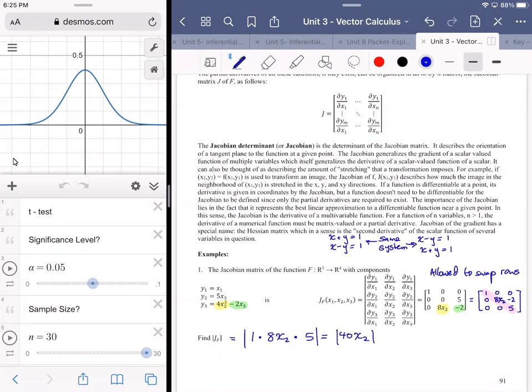I'm just doing it in my head right now, but it's definitely negative 40x2 if you do it across the first row, in which case you drop the negative anyway, or you leave the negative and throw some absolutes around. Either way. So that's a little modification of an example, just so you can see how some nifty linear algebra concepts could come into play and be somewhat helpful. I always feel bad throwing that stuff out at you on the fly.